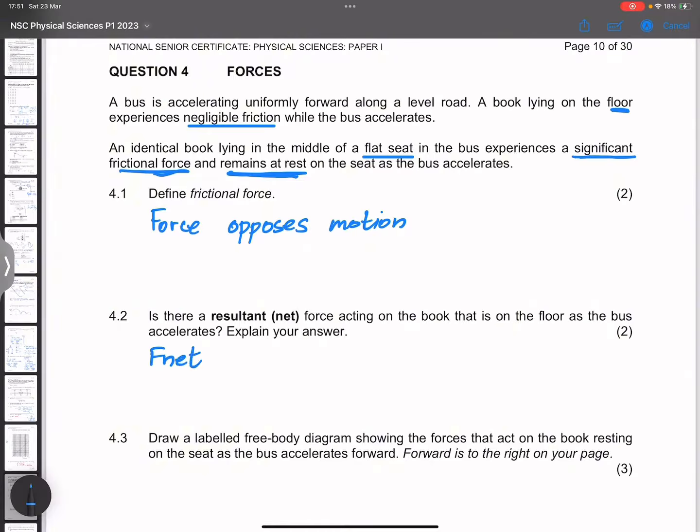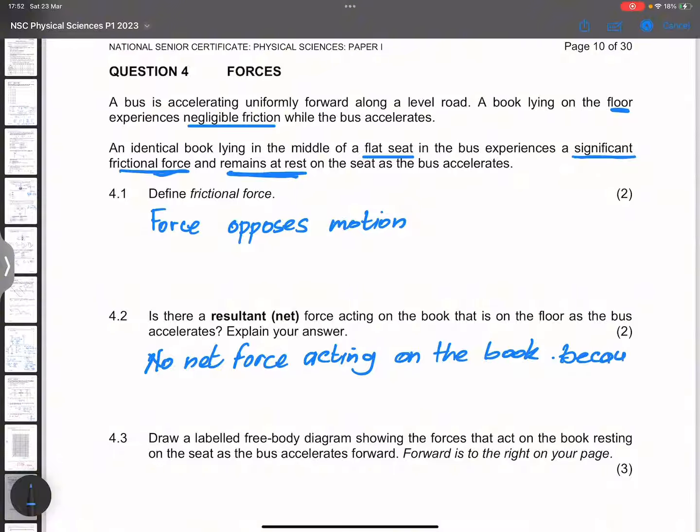So F net will be equal to 0, or we can simply say that there is no net force acting on the book, because there is no friction.